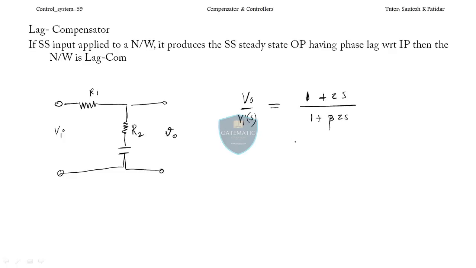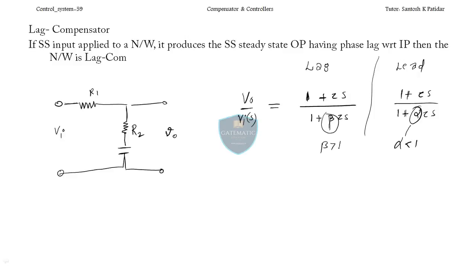It's similar to the lead compensator. This is for the lag, and for the lead we have seen 1 plus tau s divided by 1 plus alpha tau s, where this alpha is less than 1, but in this case this beta will be greater than 1.